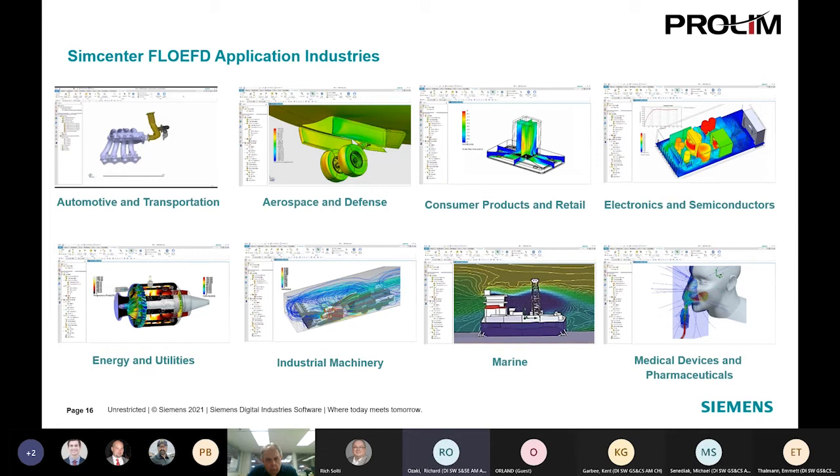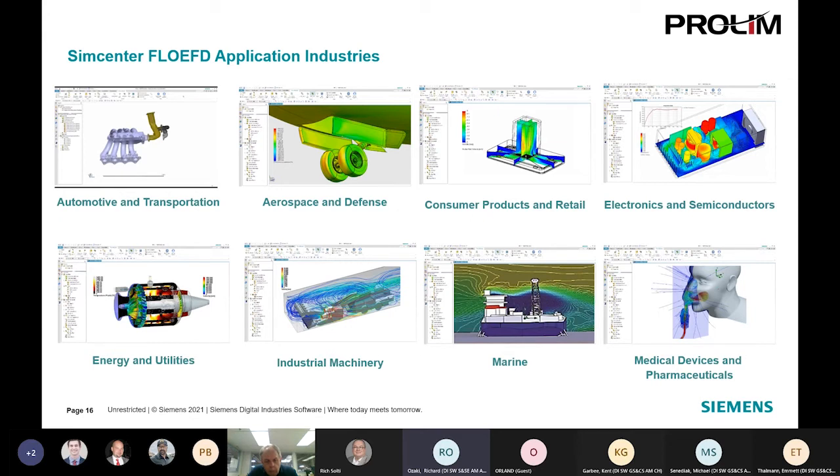Electronics and semiconductors is a big one for us at Siemens. So when you're designing PC boards, components on those boards, and then heat sinks, fans, enclosures to ensure that the electronics are going to be cool and operating reliably, and getting adequate airflow. That's a big area for us with CFD.